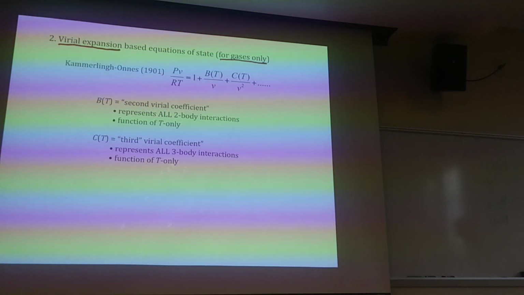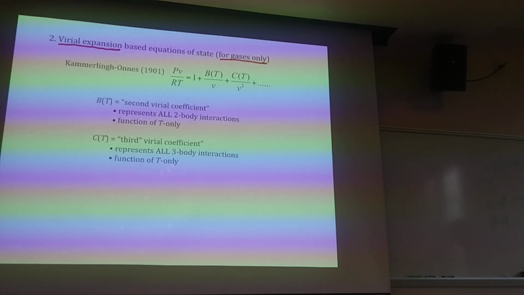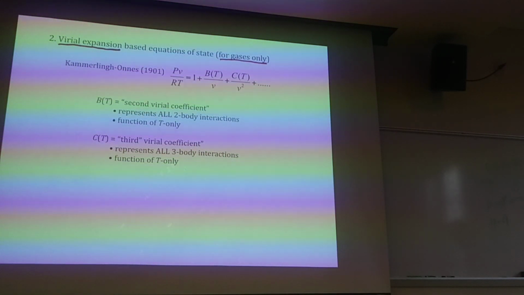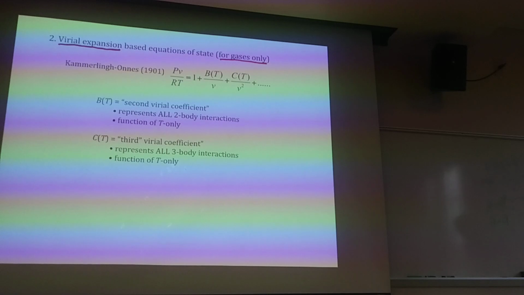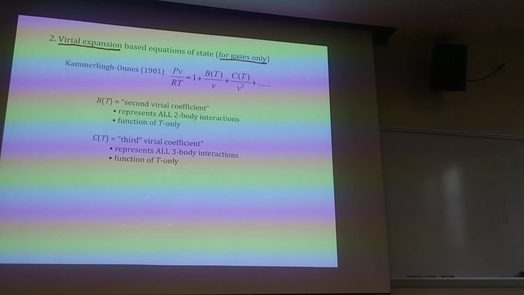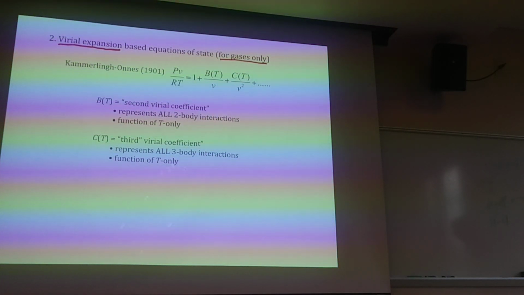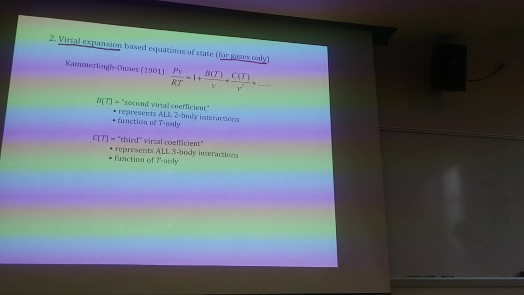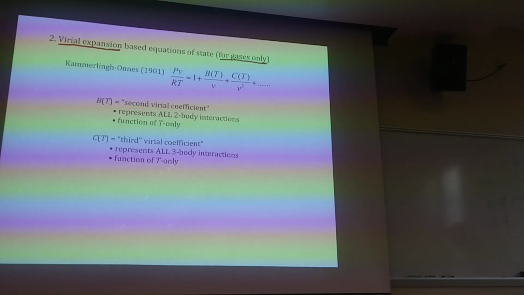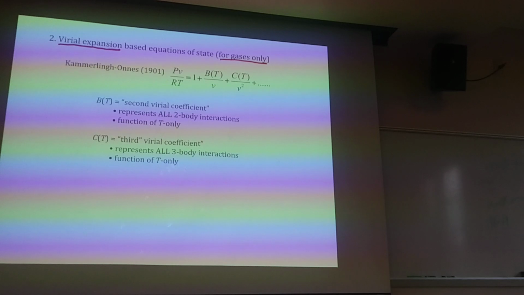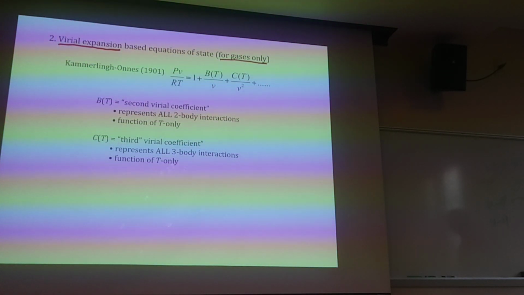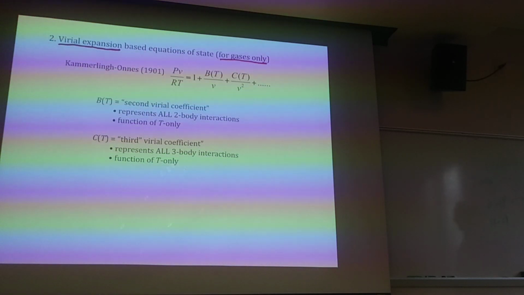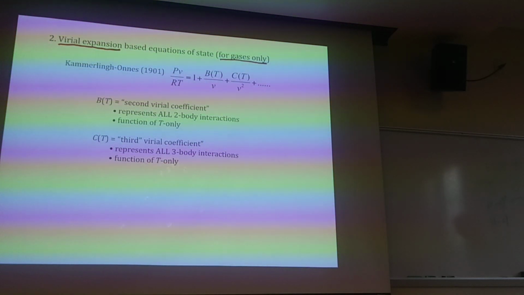It involves coefficients of the molar density, B and C, as I've indicated, these leading terms, which have important physical significance. And so let's focus on that for just a moment. B, which is what we call the second virial coefficient. That raises the question of, well, then what is the first one? So perhaps 1. But anyway, we call B the second virial coefficient.